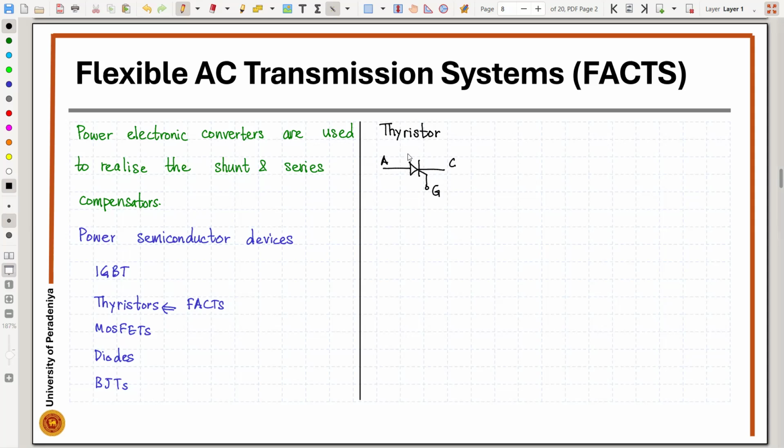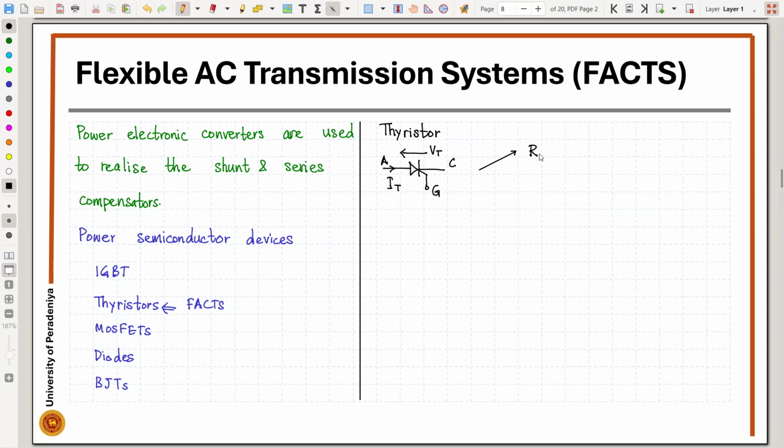If I mark the voltage drop across the thyristor as VT and current as IT, we can identify three operating regions for a thyristor.